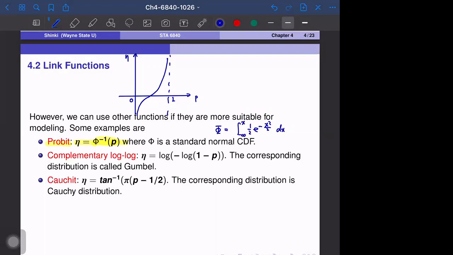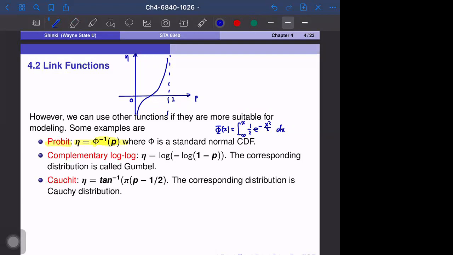So this is phi of x. So we don't have any analytical form for the phi inverse of x. So computationally it's difficult, but it's more natural statistically because it's a normal distribution.